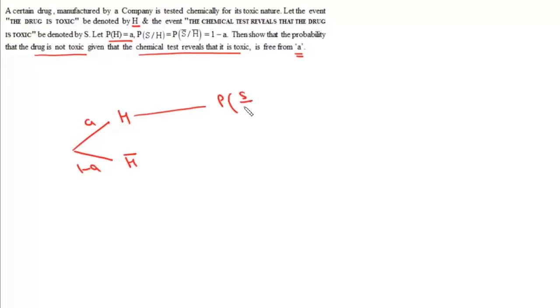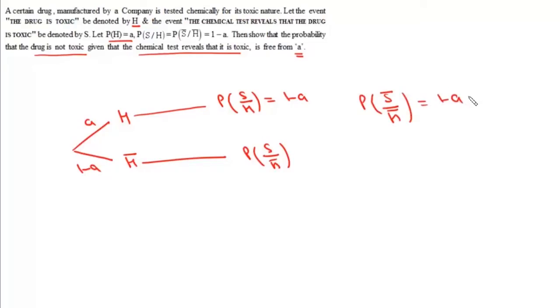It is given by P of S by H, and this probability is 1 minus A. Now in this case we are not given the probability of S by H naught, but rather we are given the probability of S naught by H naught, and this is 1 minus A.